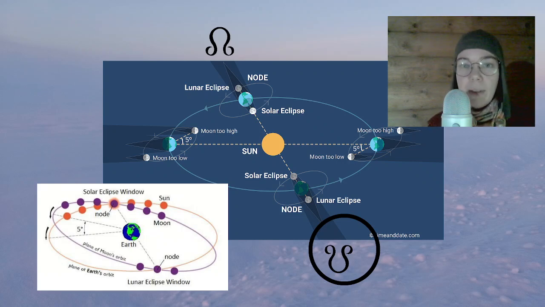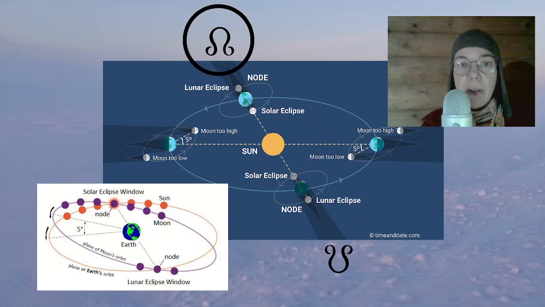And also, with regards to these, they are always a pair, so together the south and north node signs.